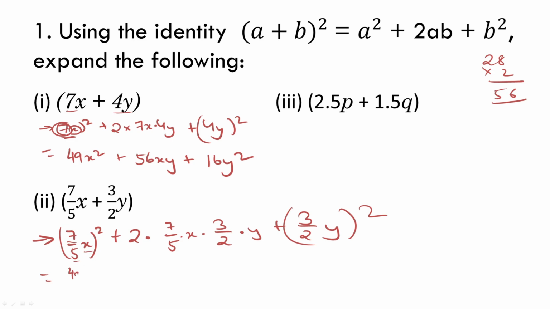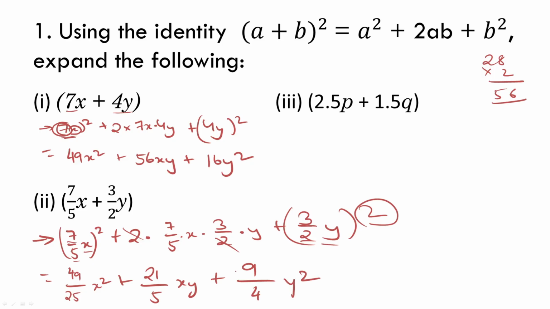So 49/25 x squared plus, we can simplify this by cancelling these two out. So then we get 21/5 xy, and this and this, these all will get the square. So this will become 9/4 y square, and with that we also solved the second one.